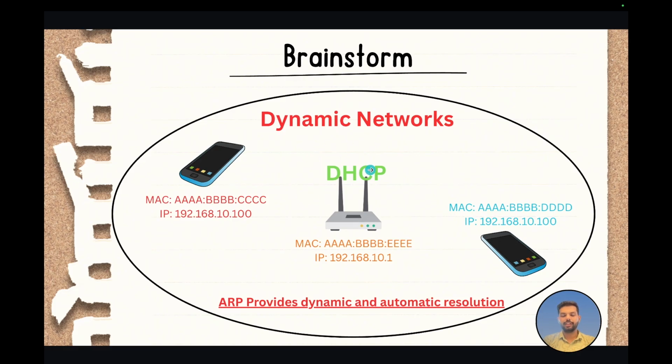We'll cover DHCP in upcoming videos, but DHCP assigns the IP address automatically. For all the mobile phones in your network, there is no need for you to dedicatedly connect your mobile phone with your Wi-Fi router, right?